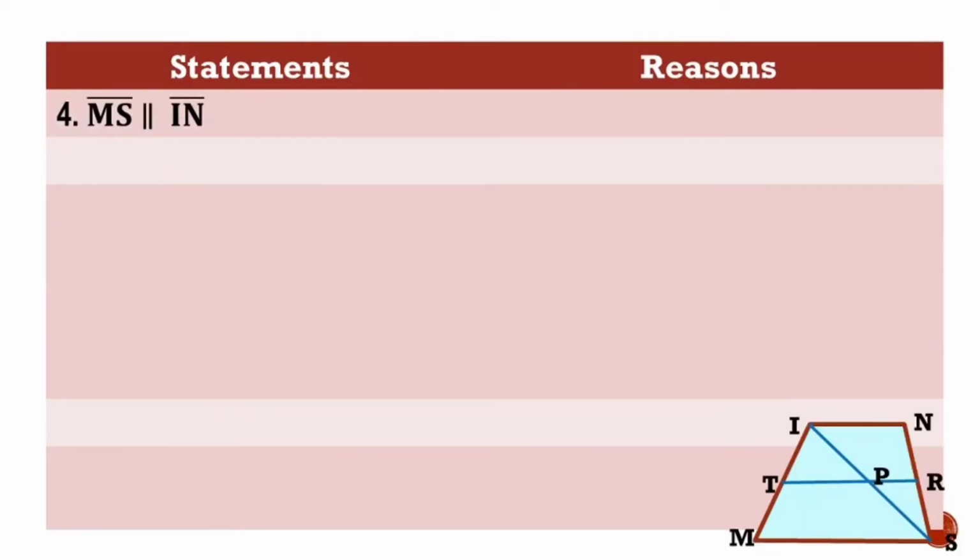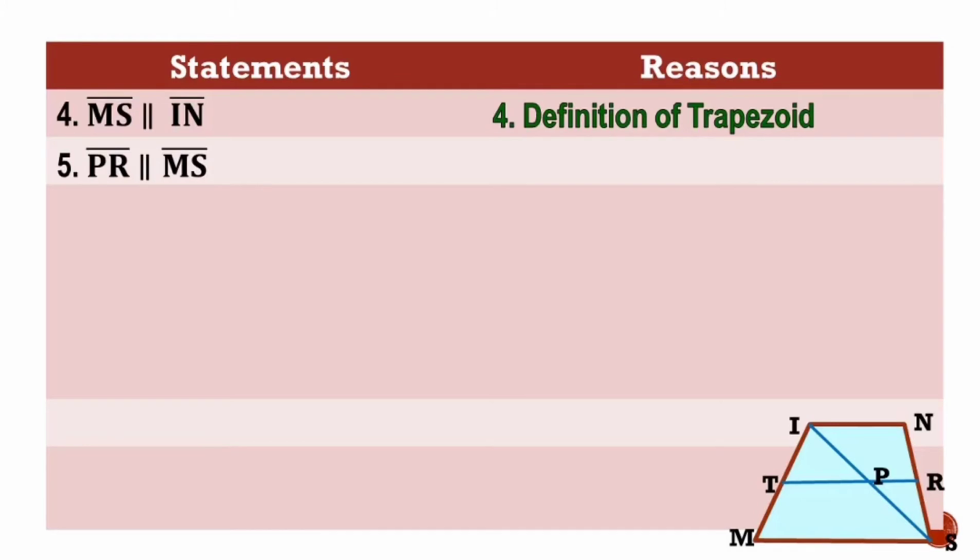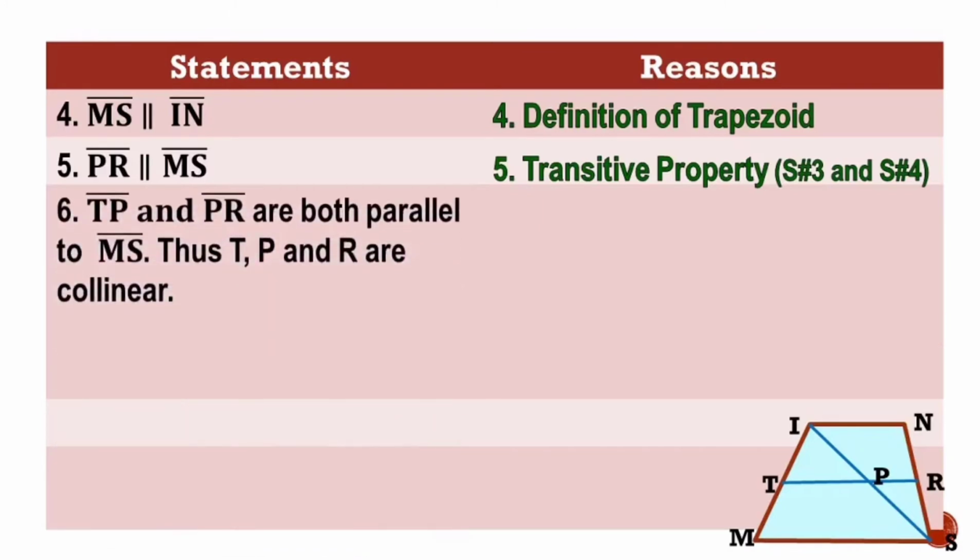Okay, for this statement, we have segment MS is parallel to segment IN. Reason, definition of trapezoid. Number 5, we have segment PR is parallel to segment MS. Reason, transitive property from statement 3 and statement 4. 6.